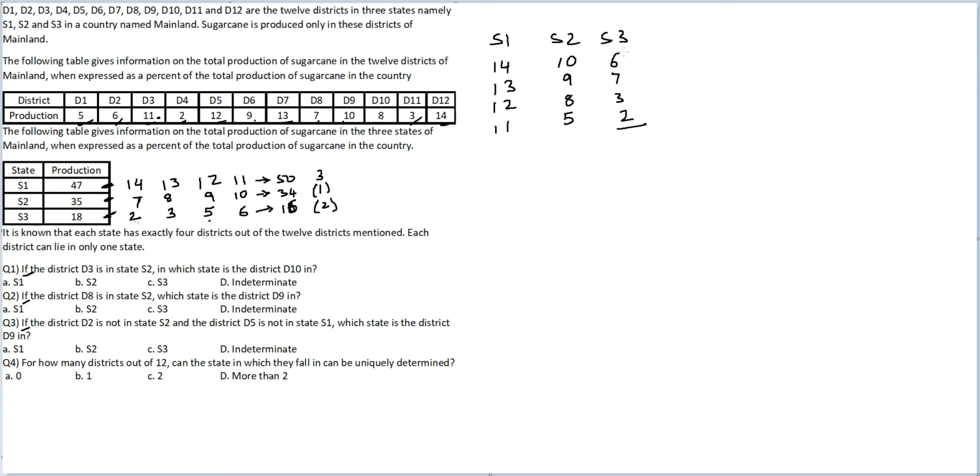This ensures that S3 becomes 18, but still right now S2 would be at 32 and S1 would be at 50. S1 has 3 extra, S2 has 3 lesser than what it should be. So I have to shift things from S2 to S1 with a difference of 3.